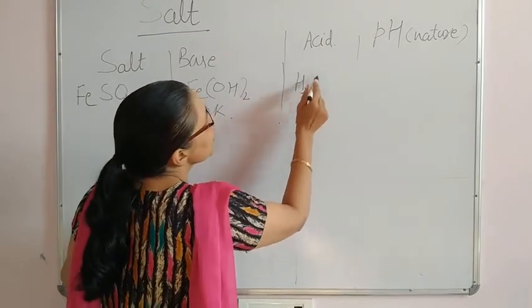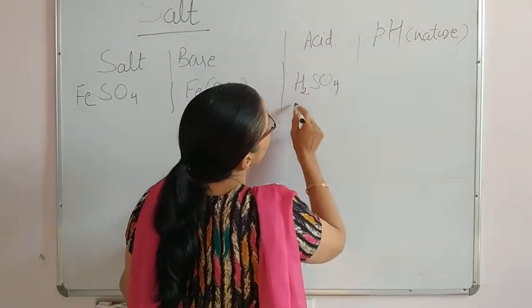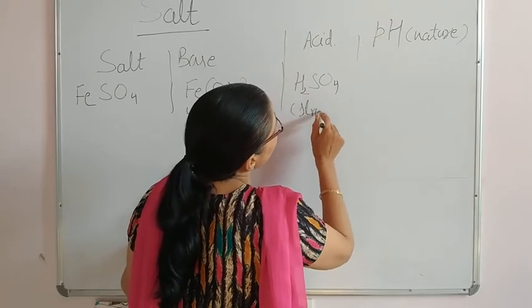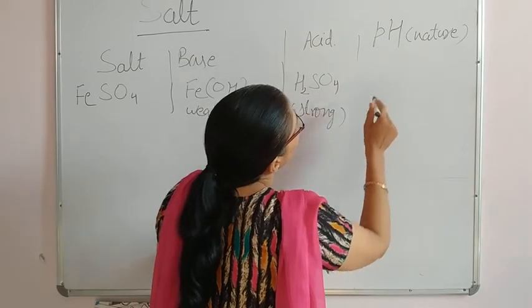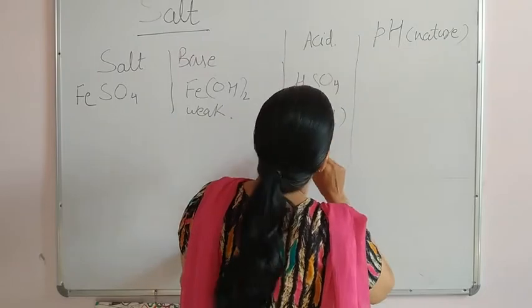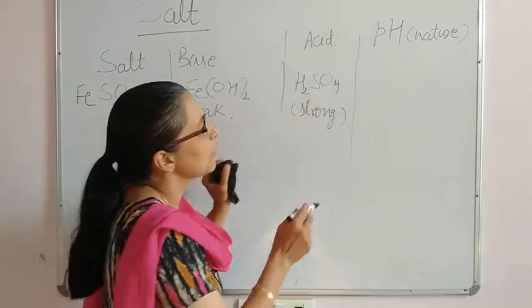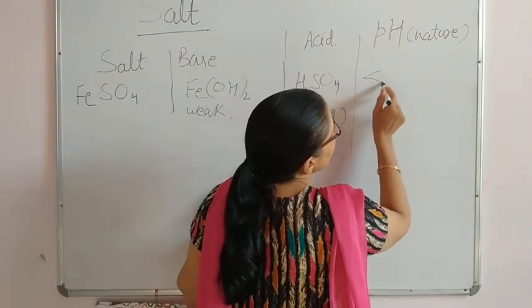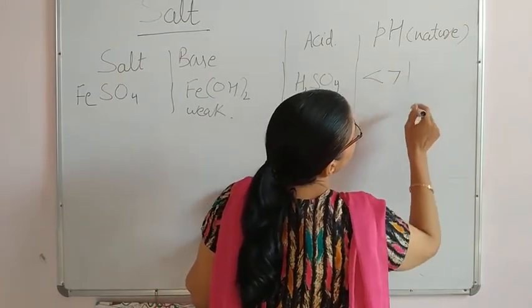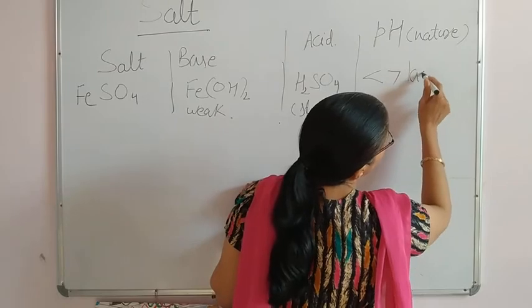Acid is H2SO4. This is strong. Now the pH range, or you can say the nature: the acid part is strong, so it is less than 7 pH, and its nature is acidic in nature.